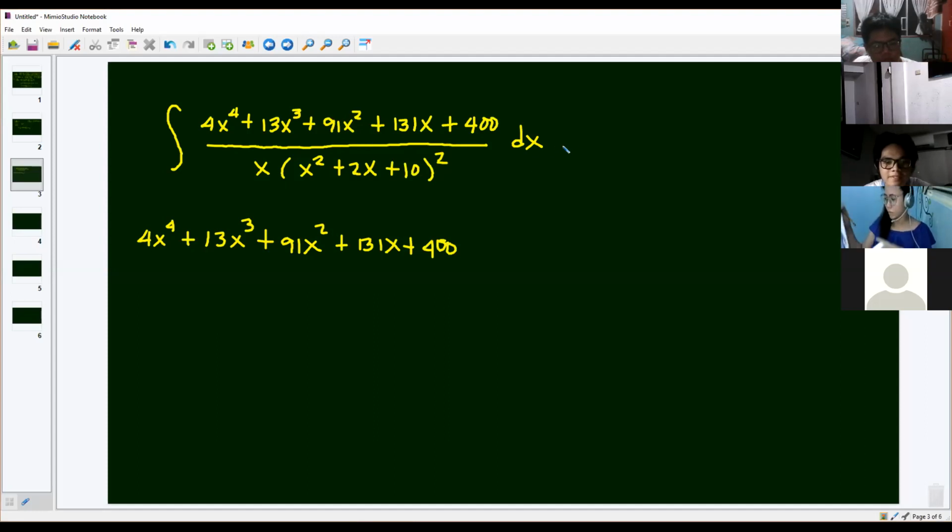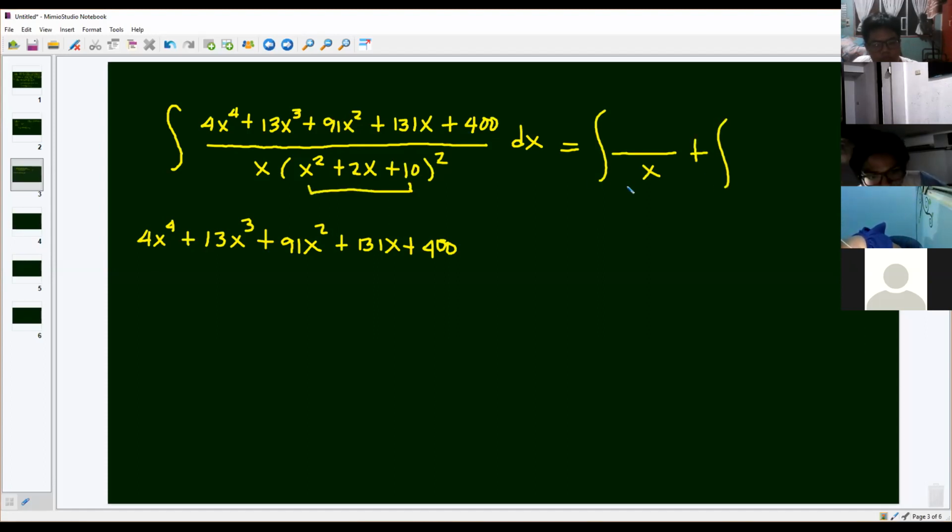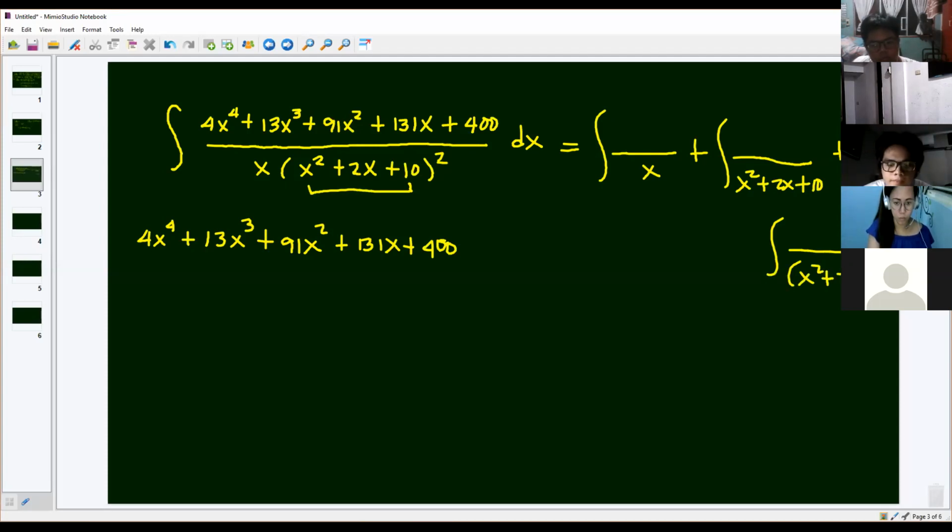And we know pag sinet up to, dapat may isang x linear factor. And then this is an irreducible quadratic. So dapat x squared plus 2x plus 10. And not only is this an irreducible quadratic, it is repeated. So dapat quantity x squared plus 2x plus 10, and then squared.